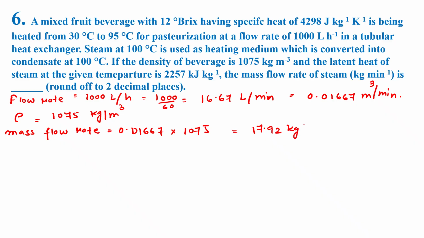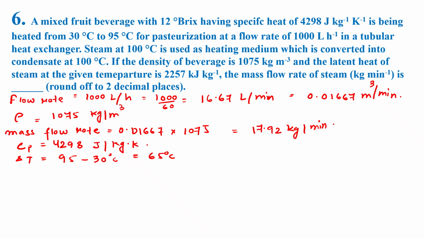Now specific heat they have given, that is 4298 joule per kg Kelvin, and temperature change, that is del T, from 95 to 30 degrees Celsius, which is 65 degrees Celsius.